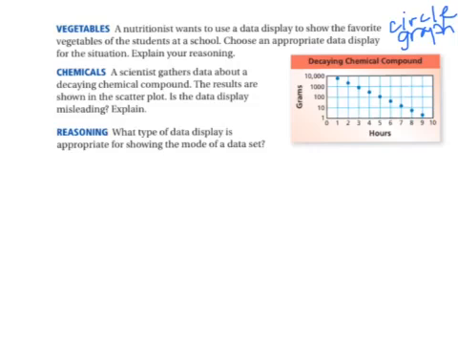All right, this next one. A scientist gathers data about a decaying chemical compound. The results are shown in the scatter plot. Is the data display misleading? So when I look over here, yes, this data is misleading, and the reason why is because of the scale. If you notice, they do not go in any kind of numeric order. They're actually being multiplied, and we don't multiply.